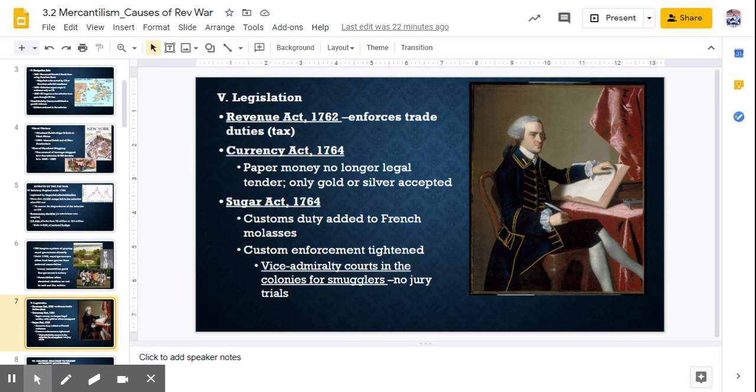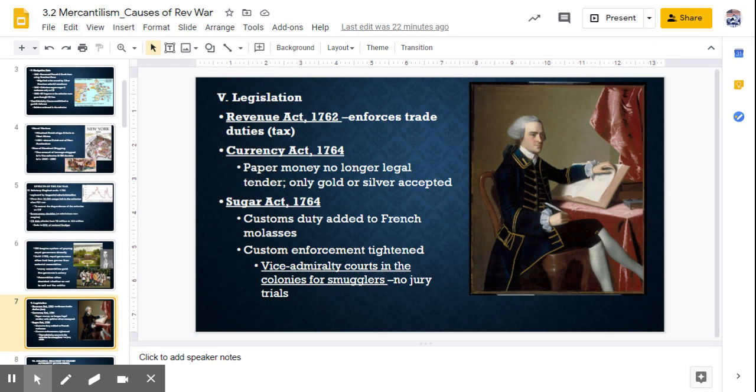It was one of those items that could come into the colonies without a duty added to it if it was from a French sugar island. It was an agreement that had been made between the two countries. As of 1764, there now has been a duty added to that. For most of the colonists, what they would have cooked with, what they would have used to sweeten their food would have been molasses. So an important good to them now was being taxed.